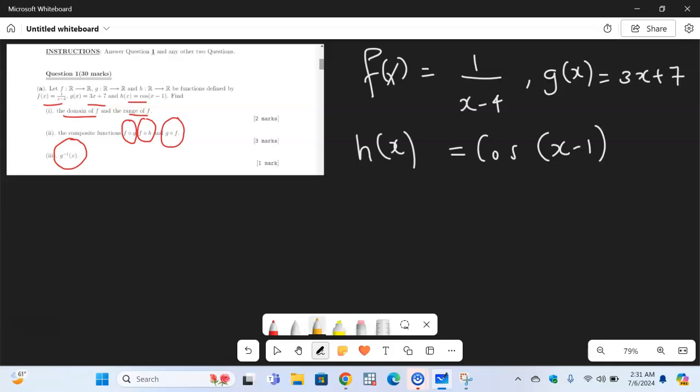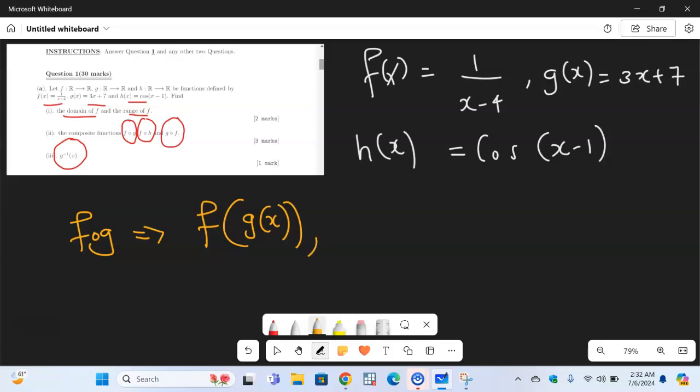So whenever you're given such functions, we learn about composite functions. When you're told to find f of g, what this means is that where there's a function f of x, this time around its x is g of x. This is what it means.